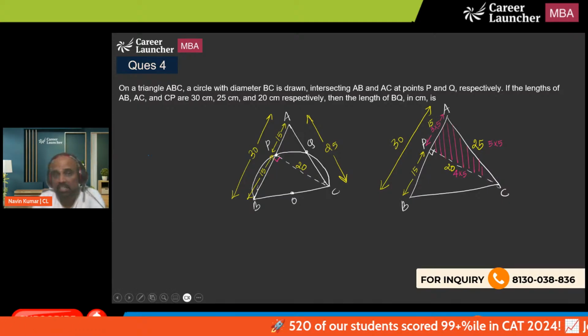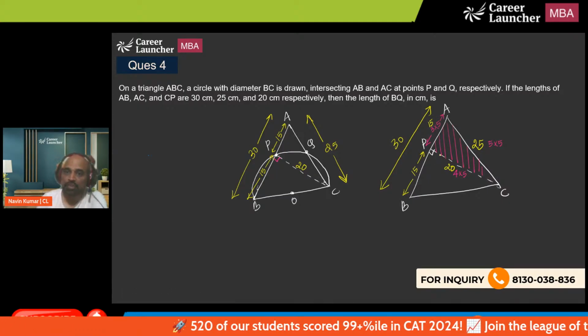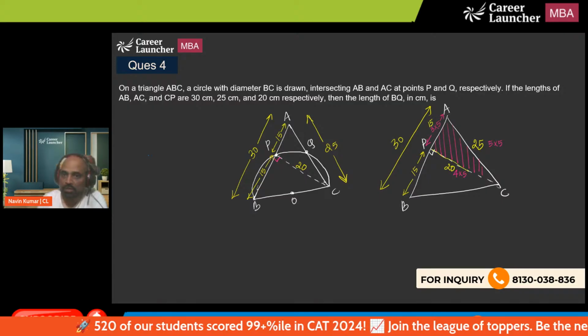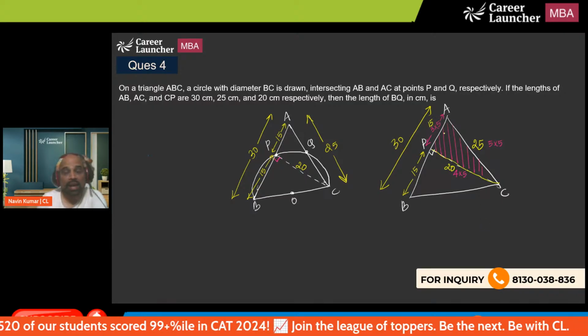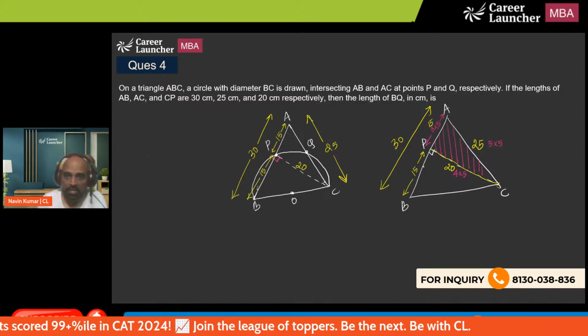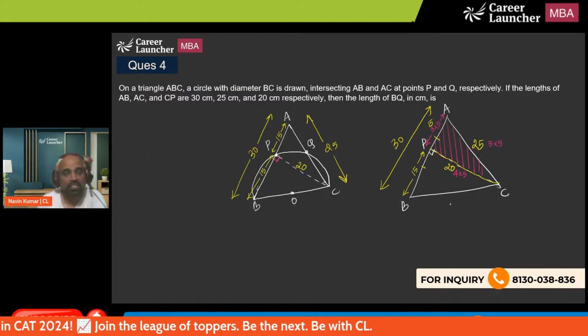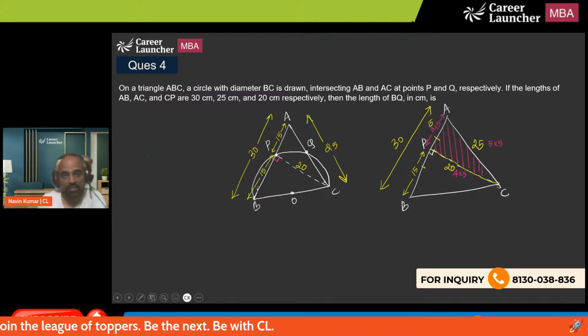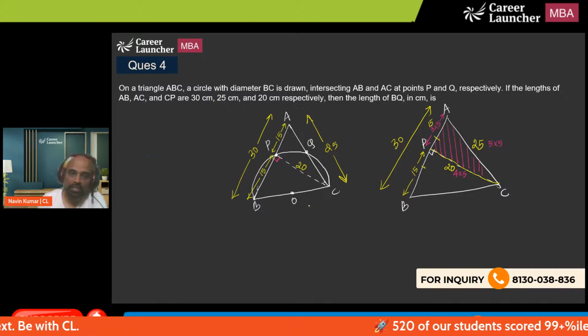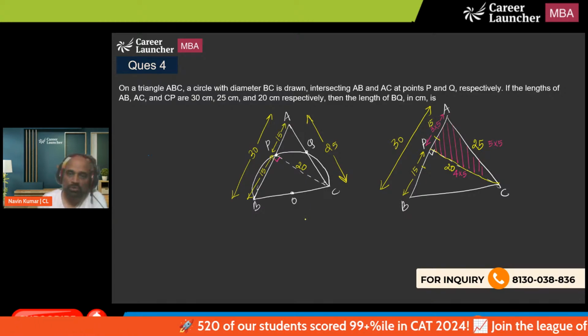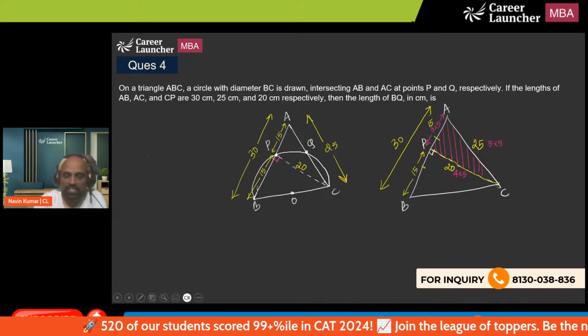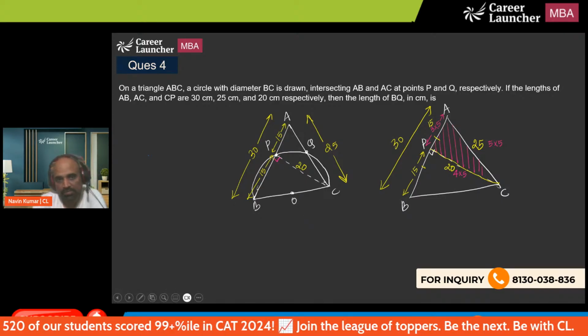Now, in a triangle, if we happen to draw a perpendicular, and if it bisects the opposite side, then this is definitely an isosceles triangle, right? Okay. So, an isosceles triangle.